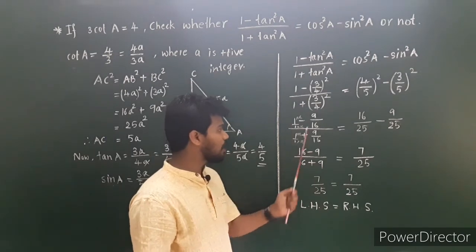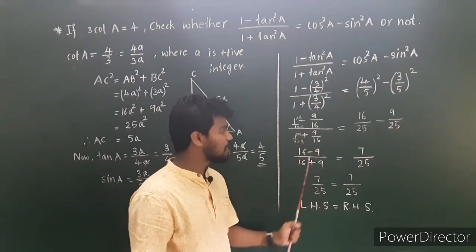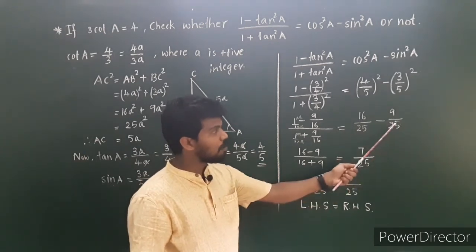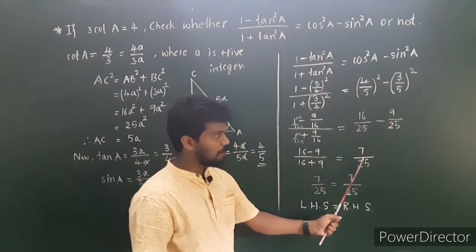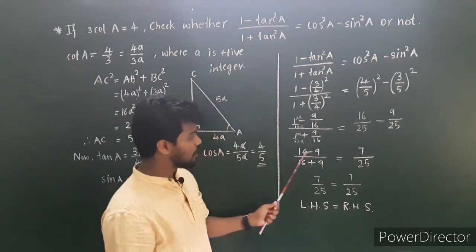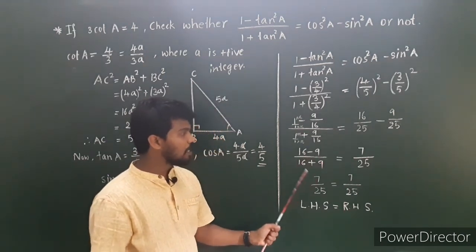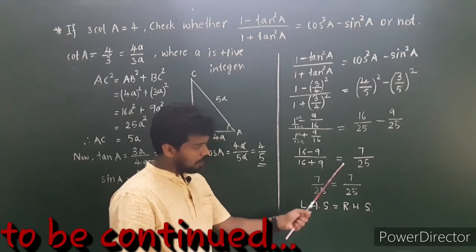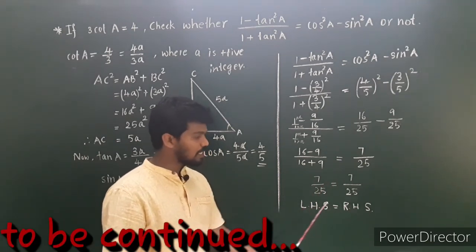You get 16 minus 9 and here 16 plus 9. See here, so here 25 as the common denominator. So 16 minus 9 you get 7, and 16 plus 9 you get 25. So 7 by 25, 7 by 25. So LHS is equal to RHS.